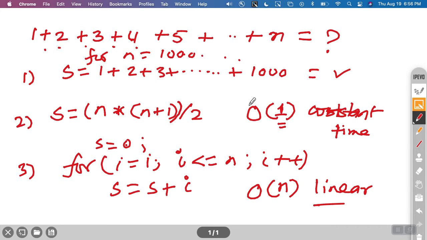It's finite. Wouldn't it be 1 again, since it's finite? We are considering, for instance, that the last value is 1000, but it may be a different value. So we say n, right? So what will be here for this one?